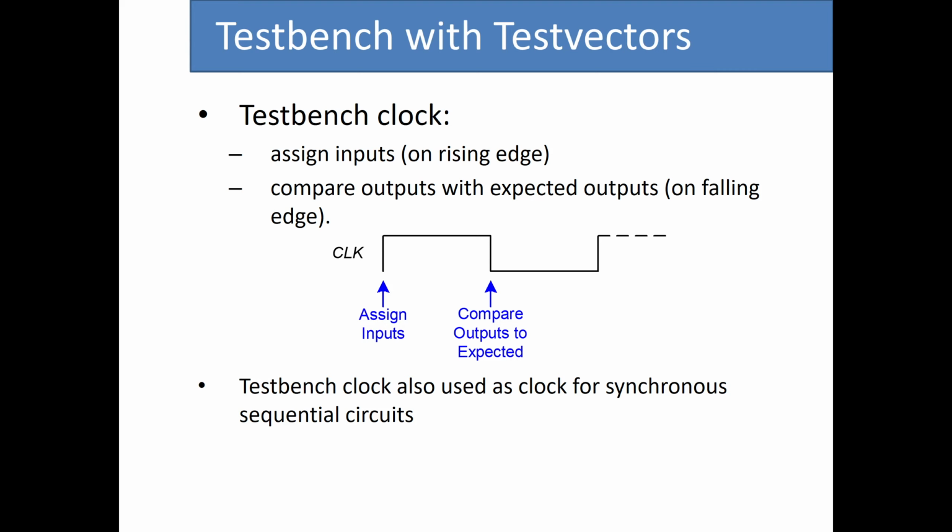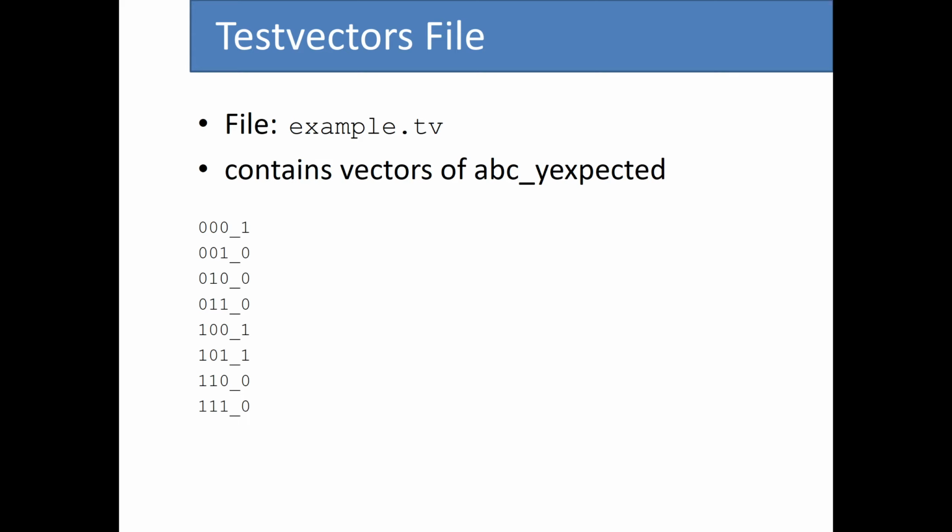So we usually assign inputs on rising edges of the clock and we compare the outputs with the expected output on the falling edge of the clock. So this test bench clock can be used for testing synchronous sequential circuits as well. So we don't have to have, let's say, a separate clock that is coming from outside. We actually can create the clock inside the test bench.